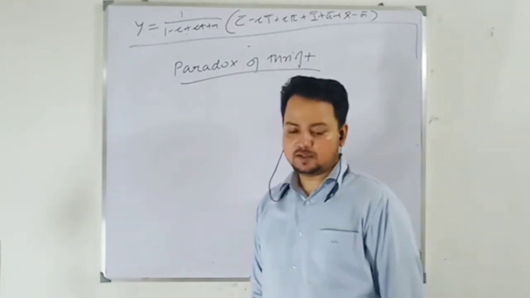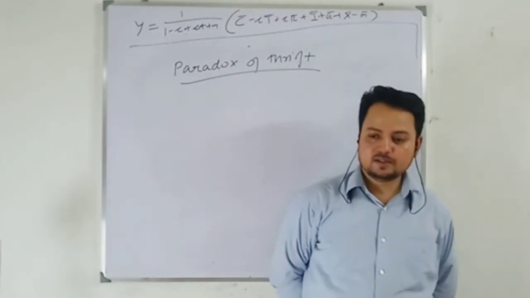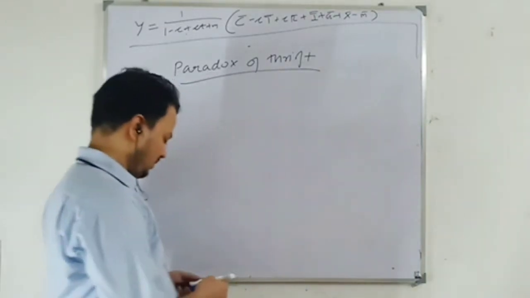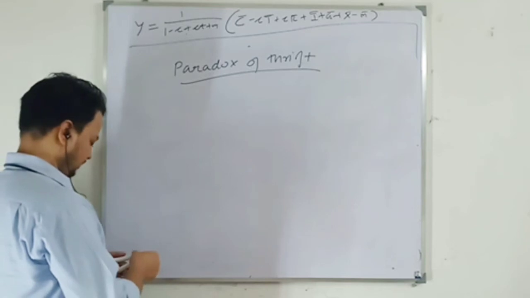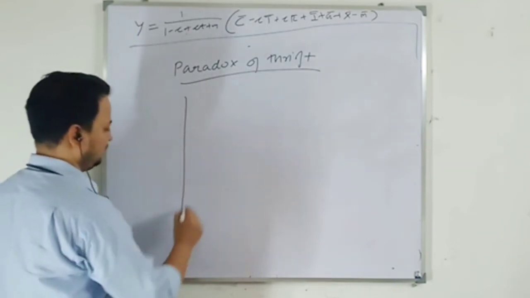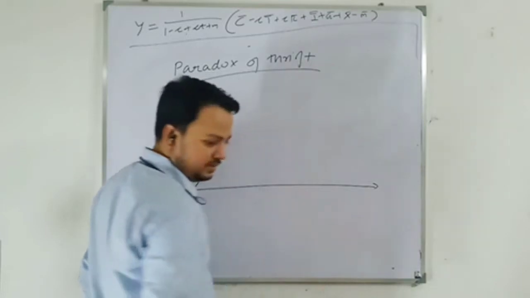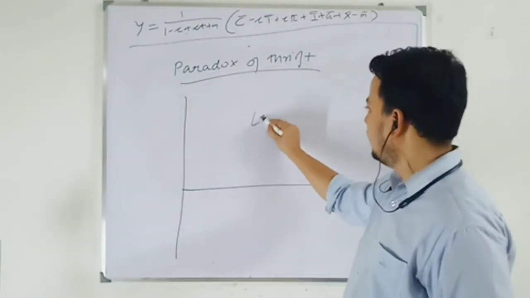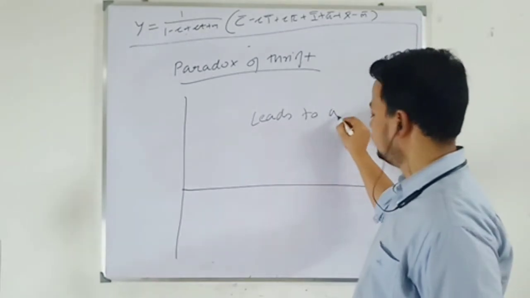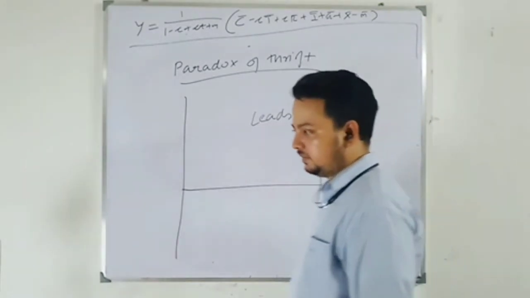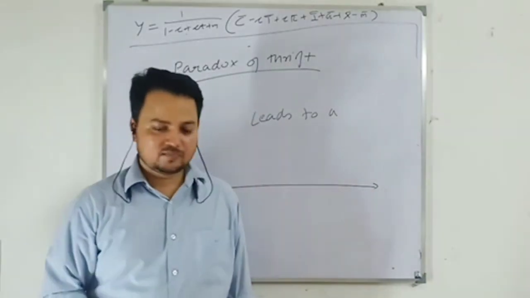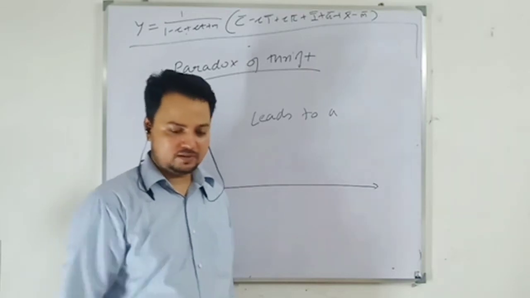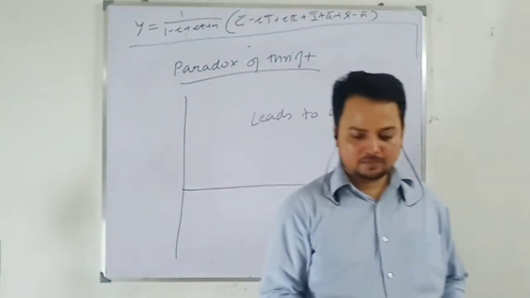Paradox of thrift states that an increase in autonomous saving. Let me draw graph also. An increase in autonomous saving leads to a decrease in aggregate demand, because when your saving increases, consumption decreases, so aggregate demand will decrease. Okay, I repeat one more time.